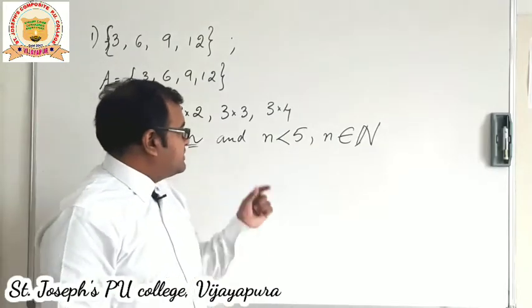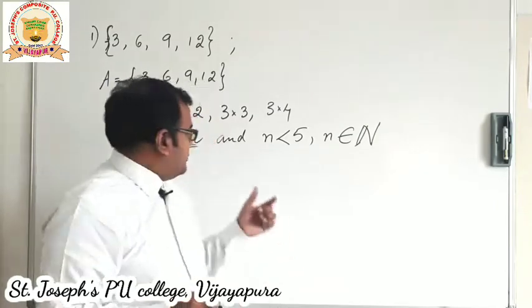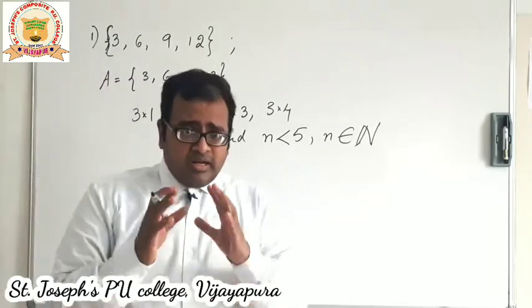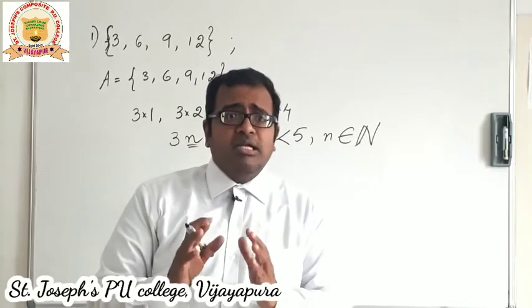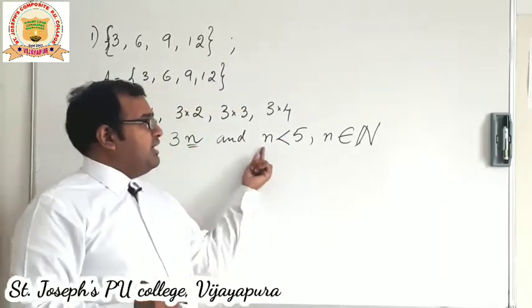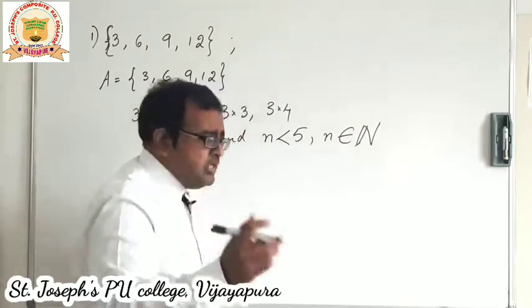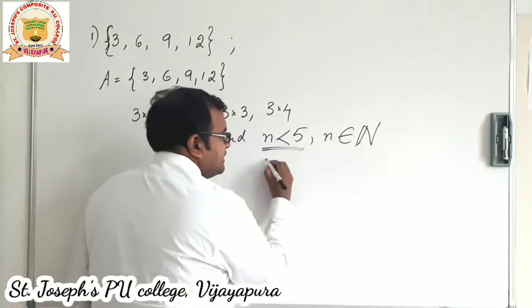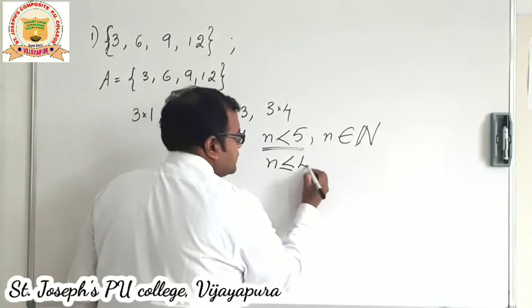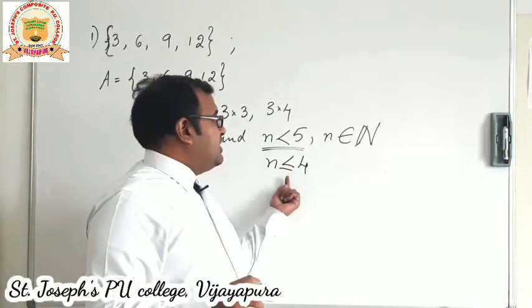Only those elements which are in the form of 3 into something, according to Euclid's lemma, if you can write it without remainder, means it is a multiple of 3. So this is 3 into n, means multiple of 3, where n value should be less than 5. Also n should be a natural number. This also can be written as n less than or equal to 4. Instead of strictly lesser than 5, you can write n less than or equal to 4.